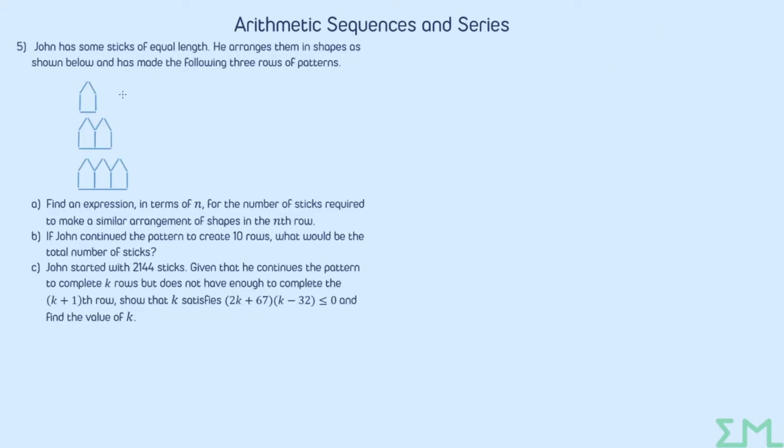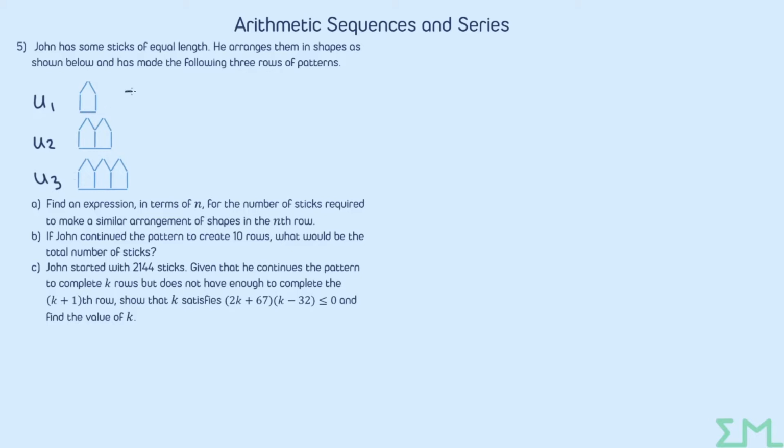Okay, so question 5. John has some sticks of equal length. He arranges them in shapes as shown below and made the following 3 rows of patterns. Find the expression in terms of n for the number of sticks required for the nth row. So basically they're asking us for un, where this is u1, this is u2, and this is u3. So let's quickly count up the sticks.